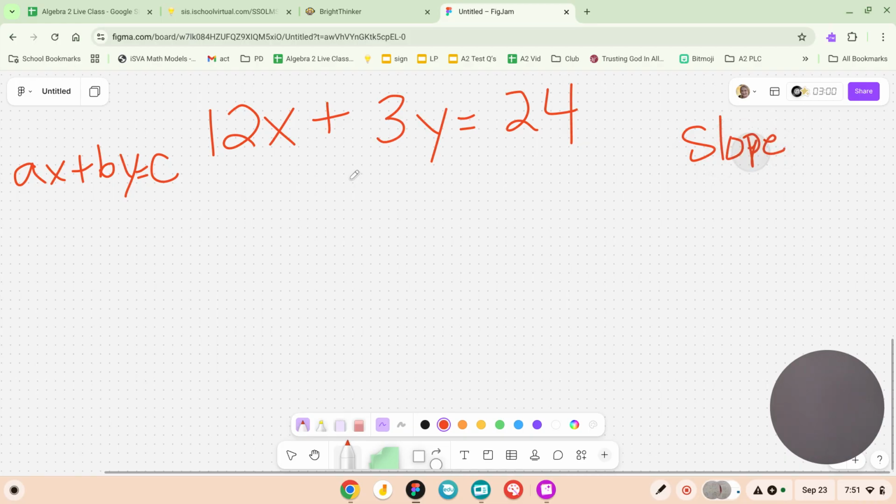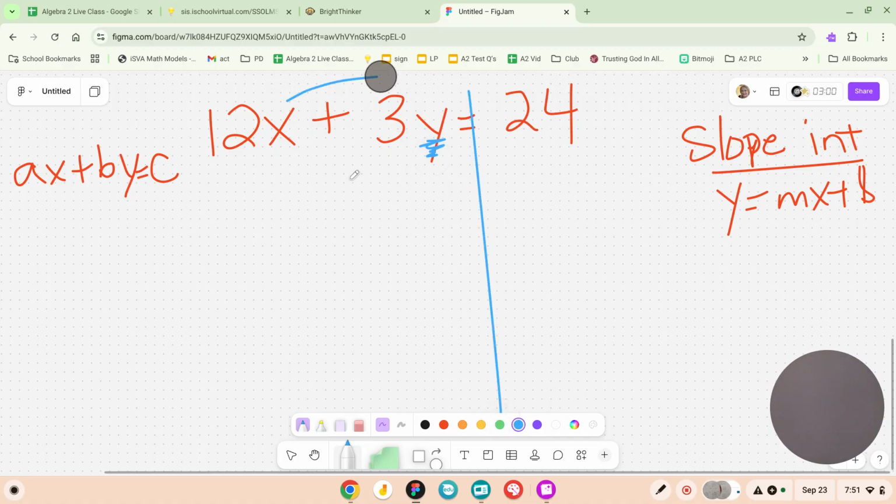This is just Algebra 1 appearing here. Slope-intercept form is just y equals mx plus b, and I know you remember that because we did it so much. Your m is your slope and your b is your y-intercept. So basically all you're doing in this kind of problem is isolating y, getting y by itself.